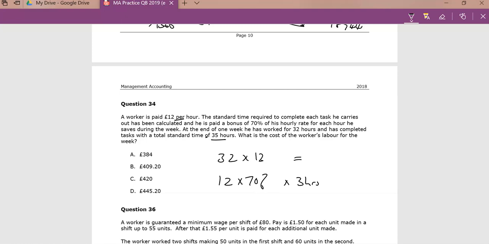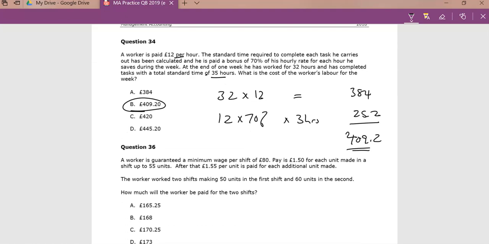So what am I doing here? 32 times 12 gives me 384. 12 times 70% times 3 hours is 25.2. Add the two things together, and we are at 409.2. And that takes us to B. Right? Good. Okay. And let's go on to 36.